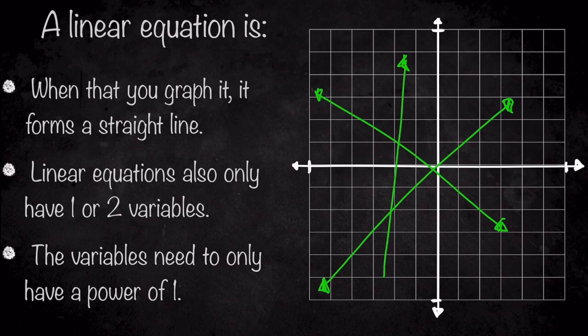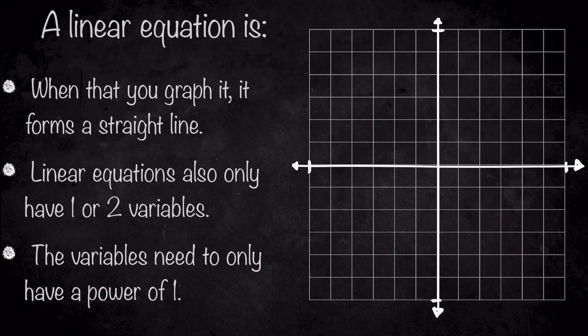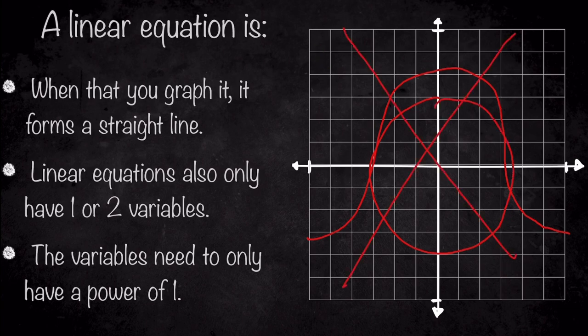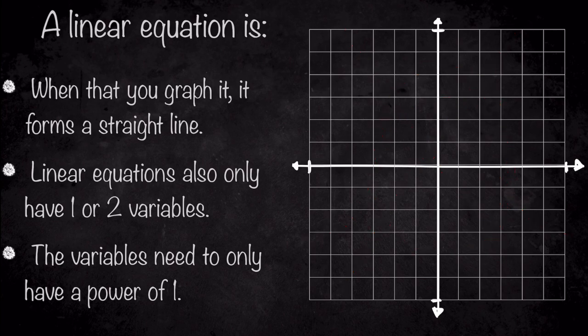But some graphs are not linear equations. Like this would not be a linear equation, and neither would this one if I graph it. These are both not linear equations because they do not form a straight line, right?